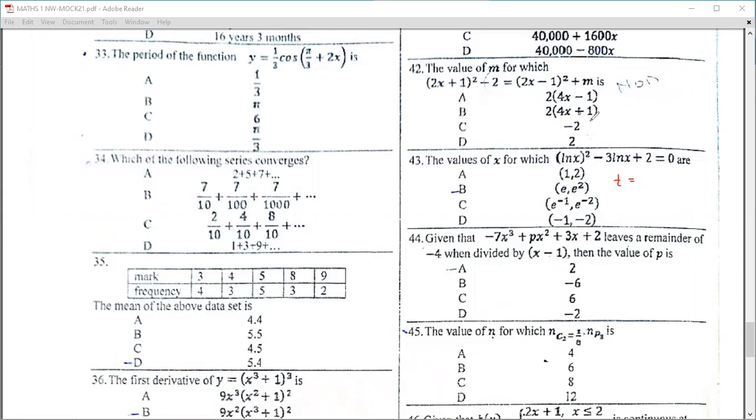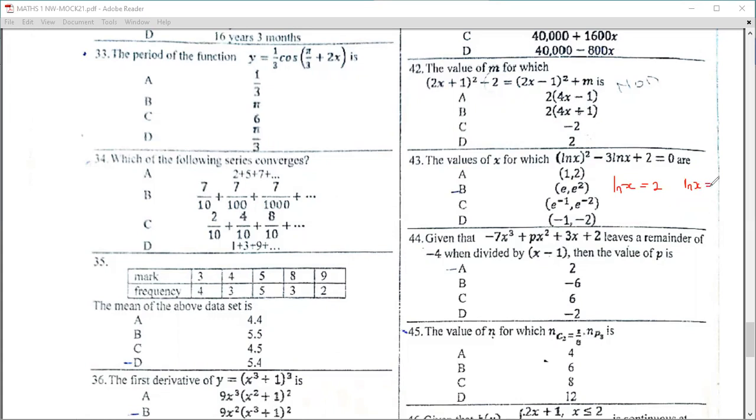So we have ln x equals 2, and the other solution will be ln x equals 1.